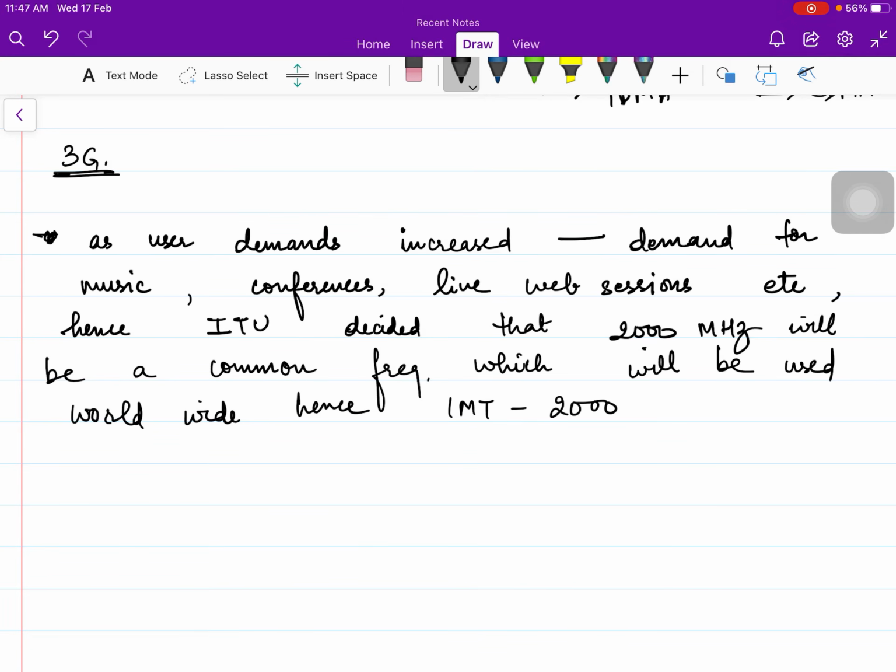But what was the problem in 2G and 2.5G? They were based on the spectrum sharing techniques TDMA and CDMA. So that has to be also upgraded.